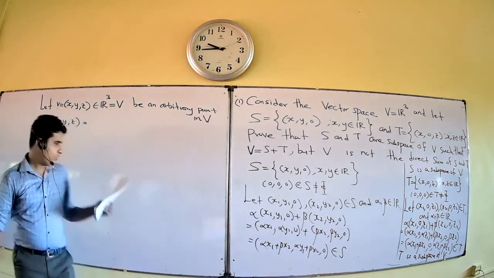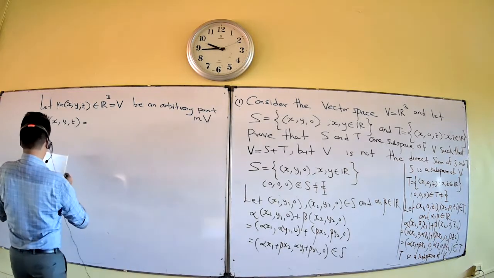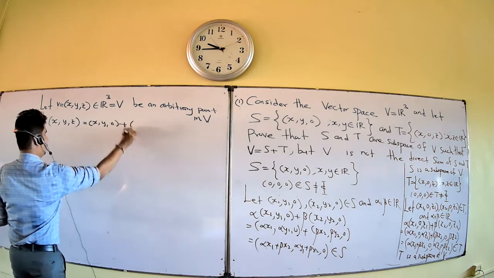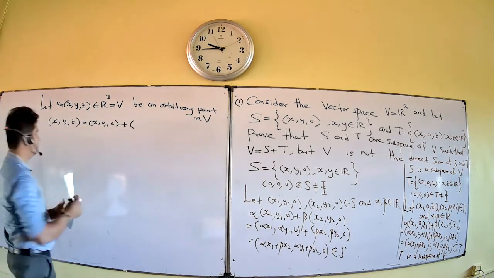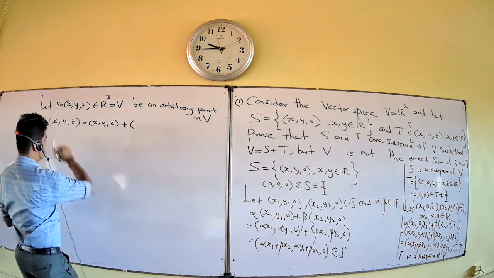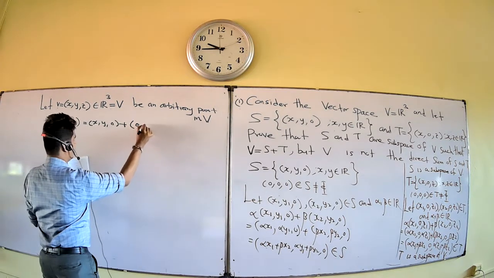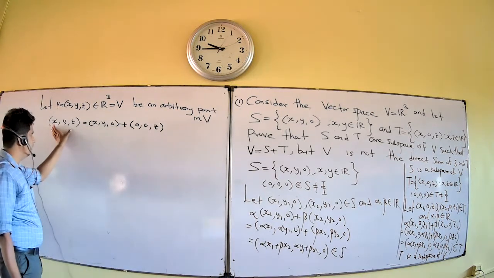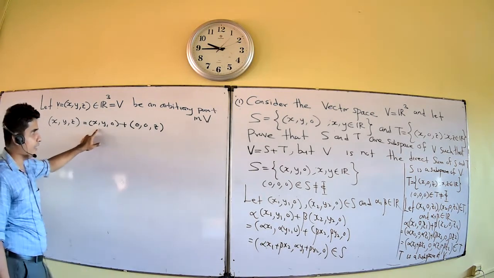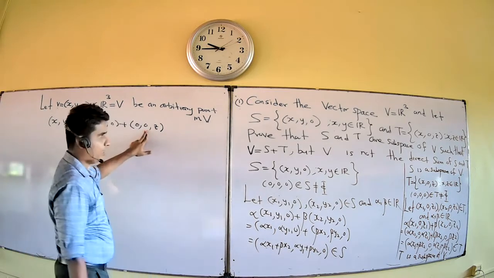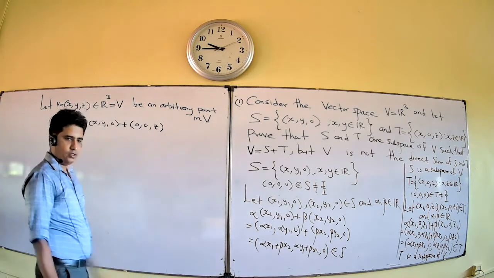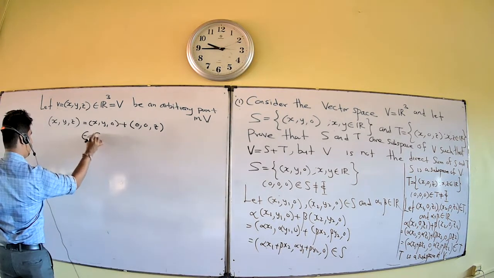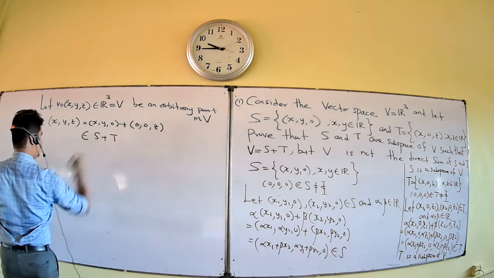You take (x, y, 0), and the remaining element you want is (0, 0, z). If you add these two, you get this element. (x, y, 0) is an element of S, and (0, 0, z) is an element of T.